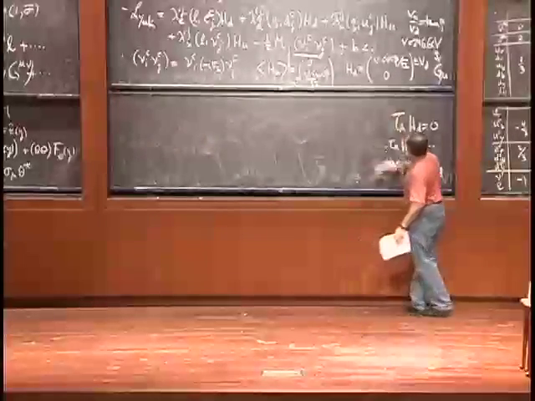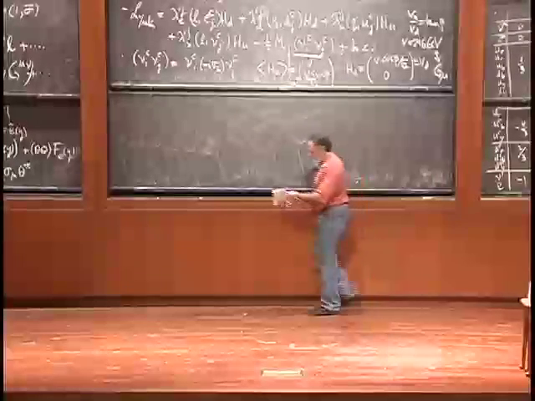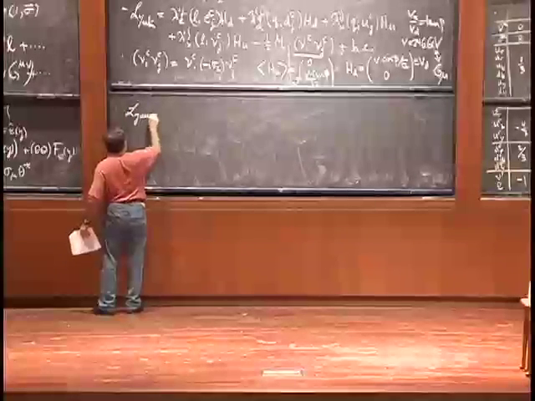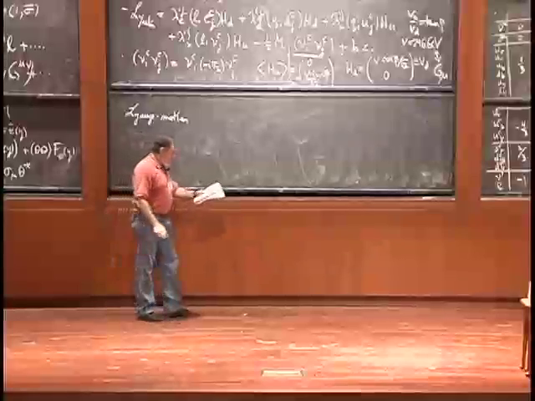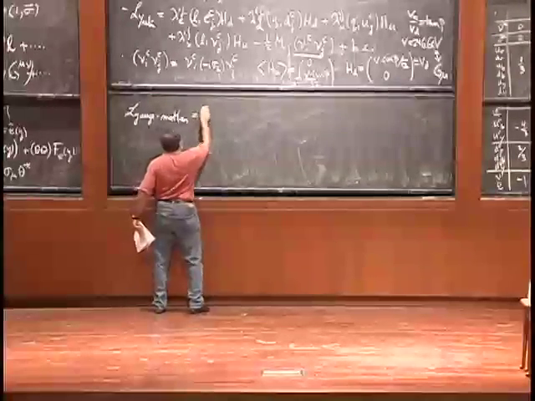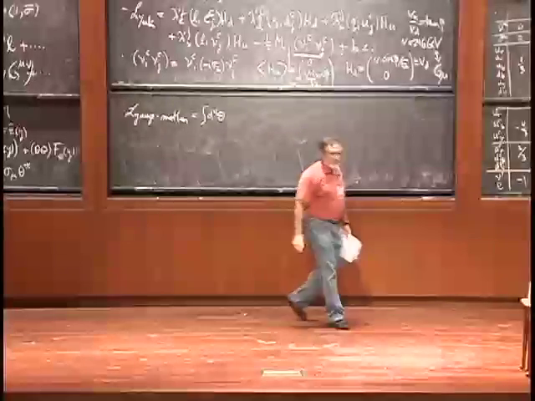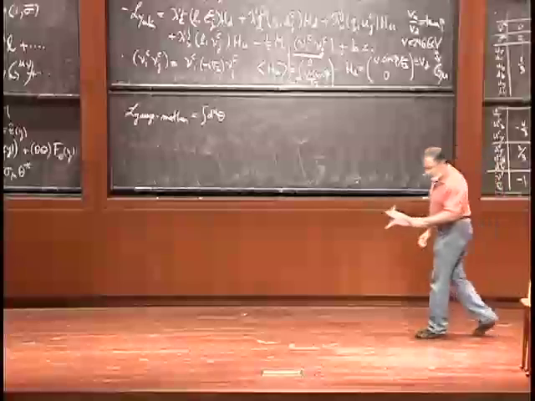And again, I apologize. Hopefully you know most of this, and I'm just setting notation. The gauge matter Lagrangian is of the following form. We do an integral d4 theta, which is d2 theta d2 theta star, over the Grassmann variables.